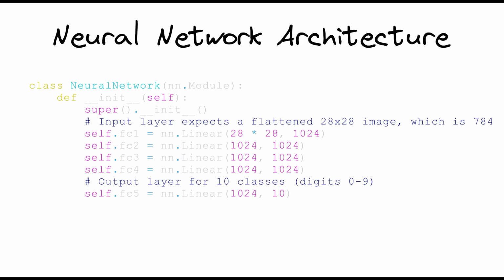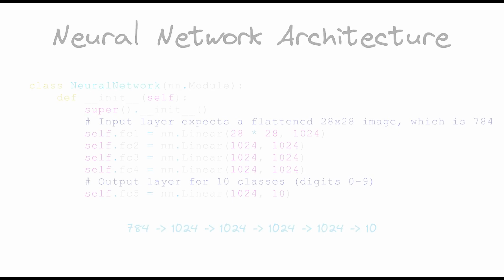As it is a 28 by 28 image, that is the size for an MNIST image, we need to flatten it first into a single vector. Then these 784 pixel values are sent to our first hidden layer, which has 1024 nodes, and so on till the third hidden layer. Then the output is sent to the output layer, which maps the 1024 values to 10 values, as we have 10 classes, 0 to 9.